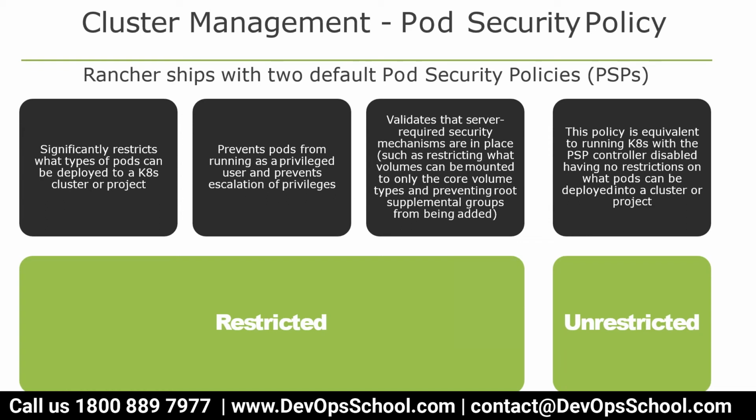Restricted also helps you validate that server required security mechanisms are in place, such as restricting what volumes can be mounted to only the core volume types and preventing root supplemental groups from being added. Unrestricted PSP: this policy is equivalent to running Kubernetes with the PSP controller disabled, having no restrictions on what pods can be deployed into the cluster or projects.